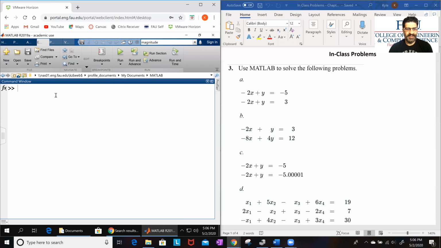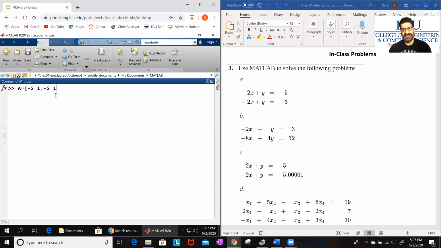So you have A, in this case, equal to, let's open a bracket, -2, 1, semicolon, and the second equation is -2 and 1.